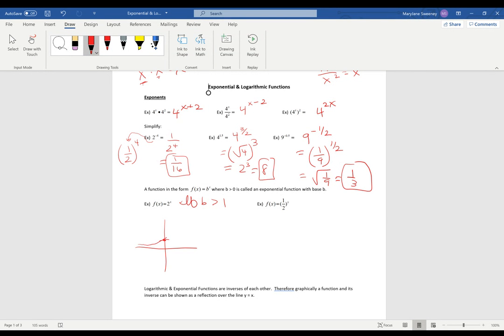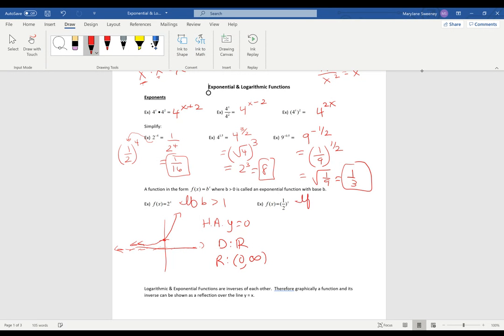It goes through 0, 1. What you should know here is there is a horizontal asymptote at y equals 0. So it's kind of understood that there's an asymptote here. Domain is all reals. Range is just soft bracket 0 to infinity. So it lies completely above the x-axis.